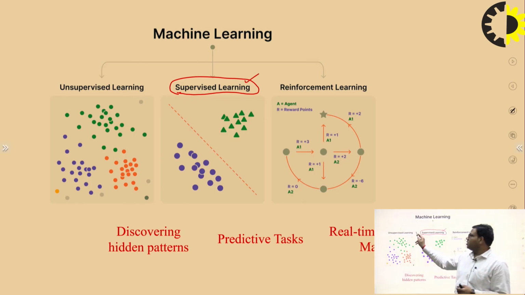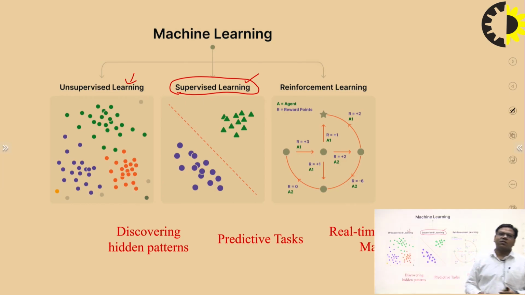And in unsupervised learning, suppose thousands of images are provided to your model for learning, but these images do not have any label or any kind of associated information. They are just raw images. Then the model will have to identify them on the basis of their features.